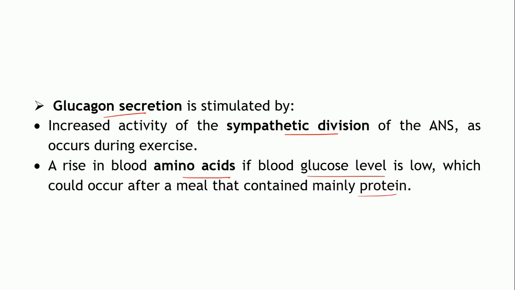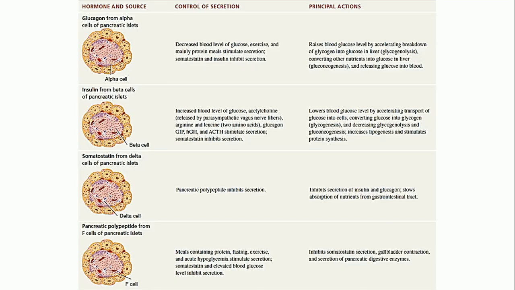So this is another stimulation for secretion of glucagon. So to summarize, the glucagon which is produced by alpha cells, okay, how is it controlled? Decreased blood glucose levels, or exercise, or a protein containing meal stimulates the secretion of this hormone, and somatostatin and insulin inhibit the secretion of glucagon.